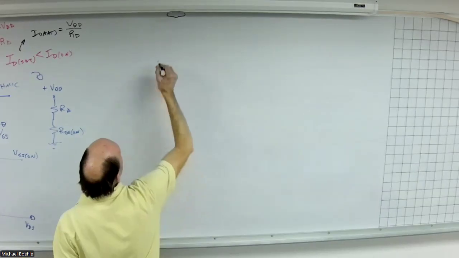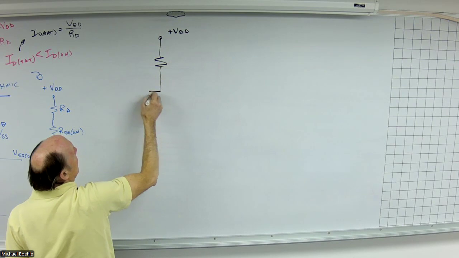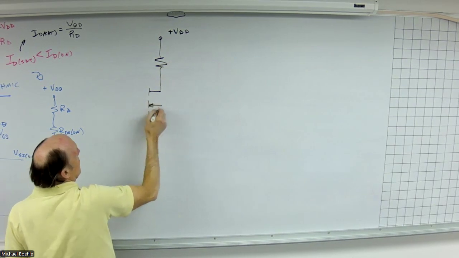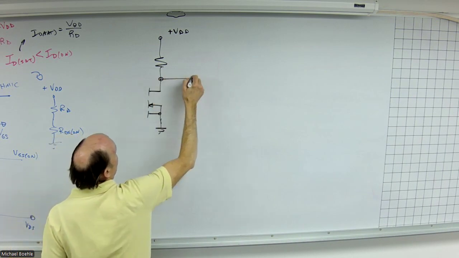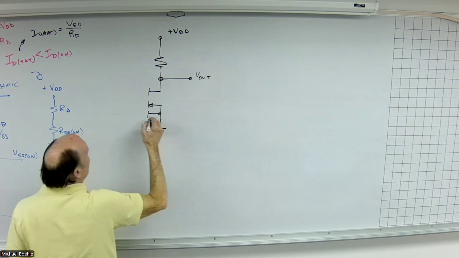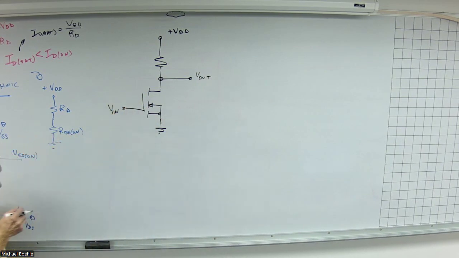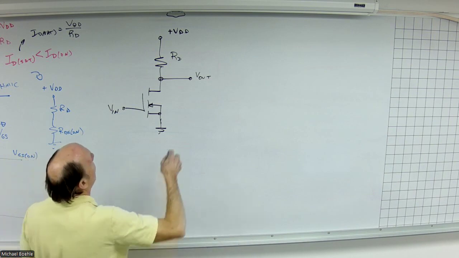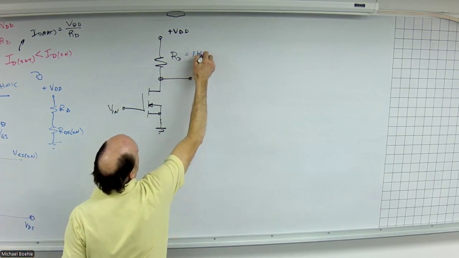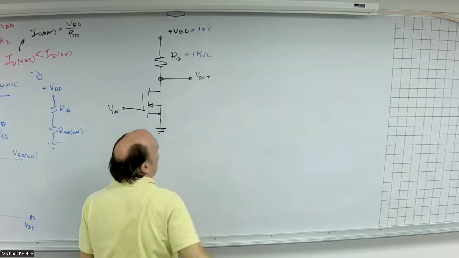We'll start simple. Let's say, for example, my drain resistance here is 1K. My drain supply voltage, 10 volts.